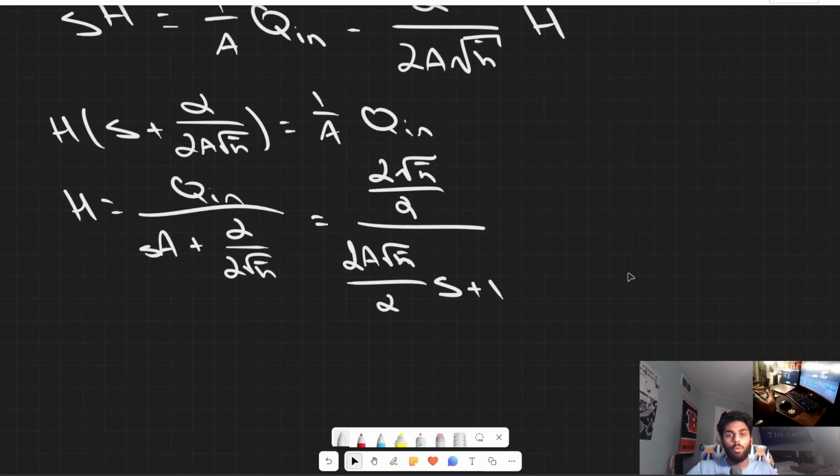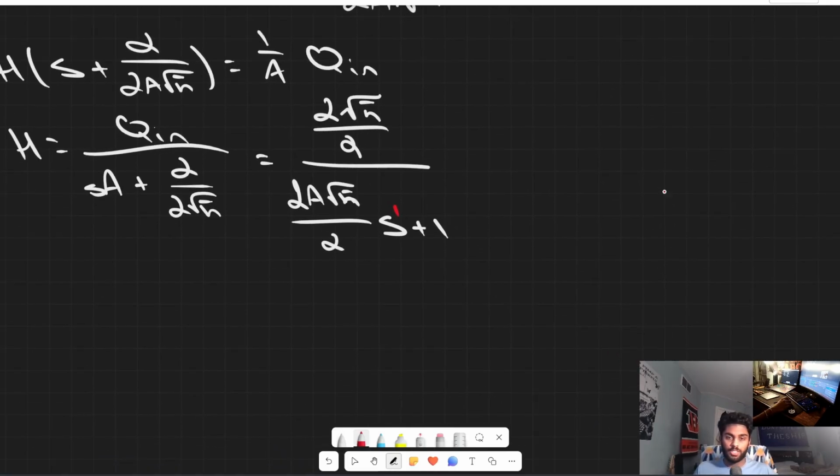Now what we have here is a first order transfer function, because this s is to the first power. For first order transfer functions, we have a generalized standard form, which is some k, representative of our gain, over tau, which is a time constant, times s plus 1.